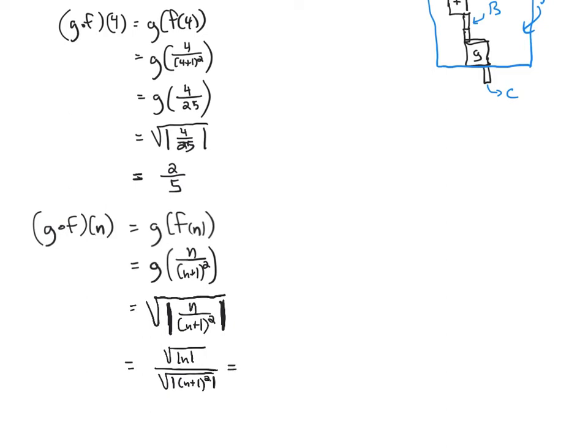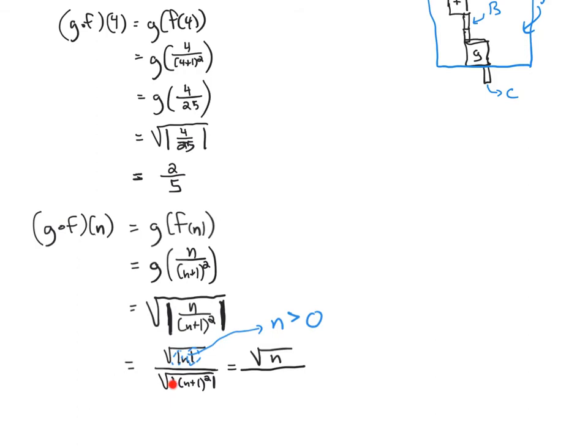And the square root of the absolute value of n, remember, n is always positive because n comes from the natural numbers. So in this composition, this absolute value is doing nothing. So just in this composition, we can drop it. So we can simplify the top to just the square root of n. And the bottom, well, we're squaring something and then taking the square root.